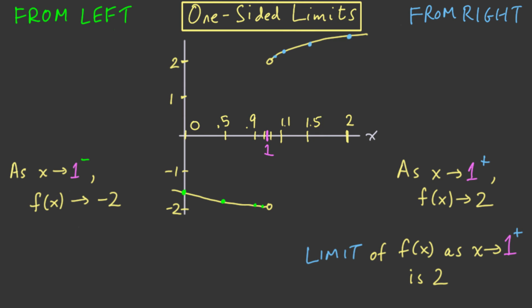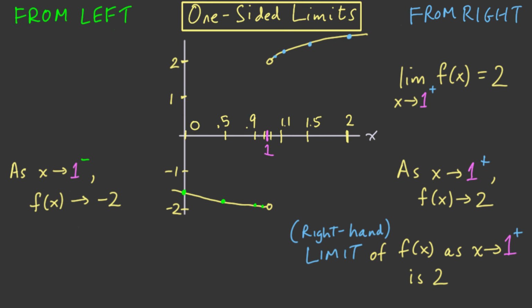And the notation for this is as follows. Limit of f of x as x approaches 1 from the right is 2. This is often called the right-sided limit, or the right-hand limit, at the point x equals 1.